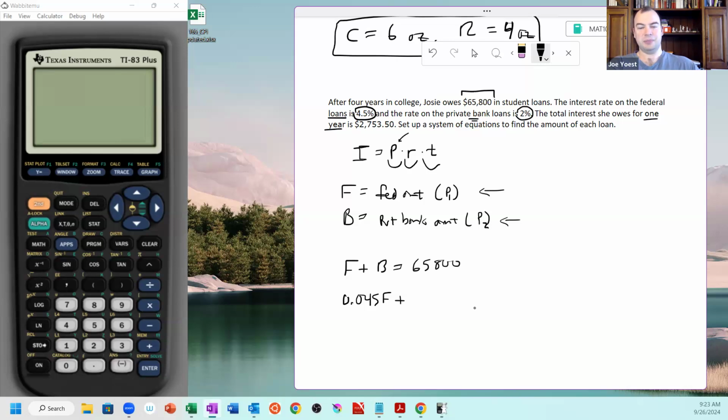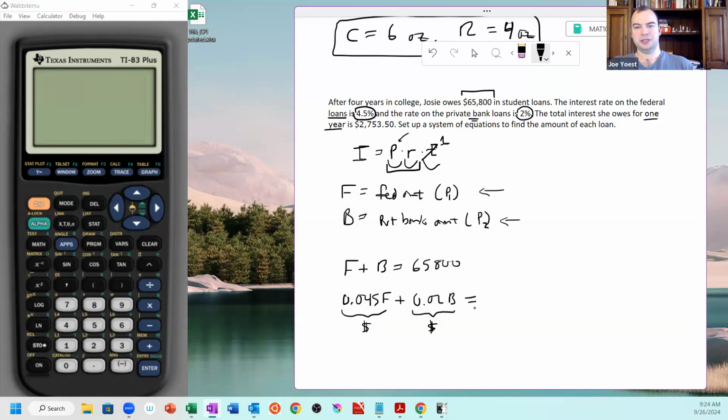So the amount of interest over that year is going to be 0.02 times the amount owed to the bank. So here we're taking time to just be 1 year, and the amount of interest is principal times rate. This is the number of dollars that we will owe the federal government in interest for that year. This is the number of dollars that we will owe the private bank for that 1 year.